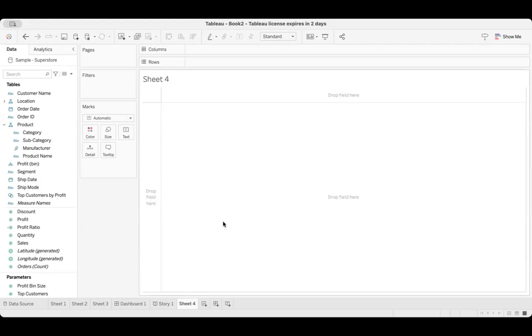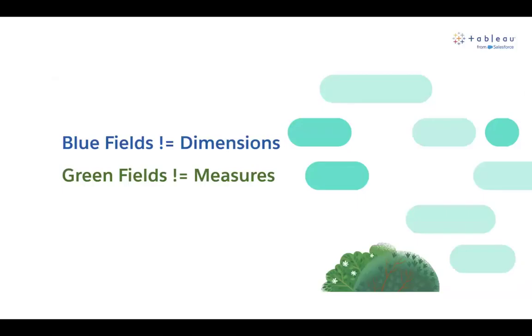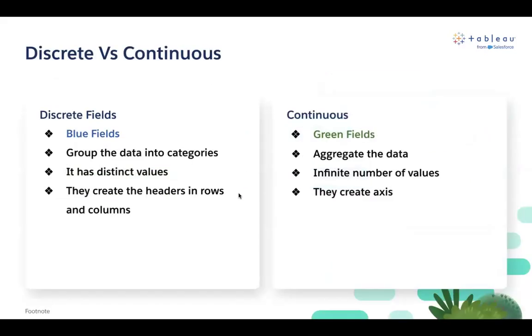So when I say the dimensions are blue fields and the measures are green fields, it's definitely not. There is a different concept we have with Tableau, which is blue and green: discrete fields and continuous fields. I'll explain this. Discrete fields are the blue fields, and continuous are the green fields.